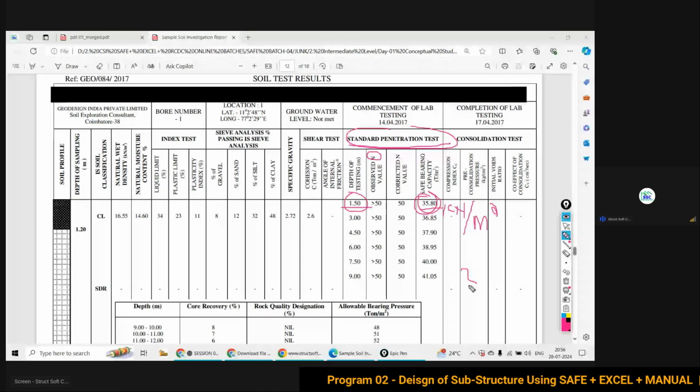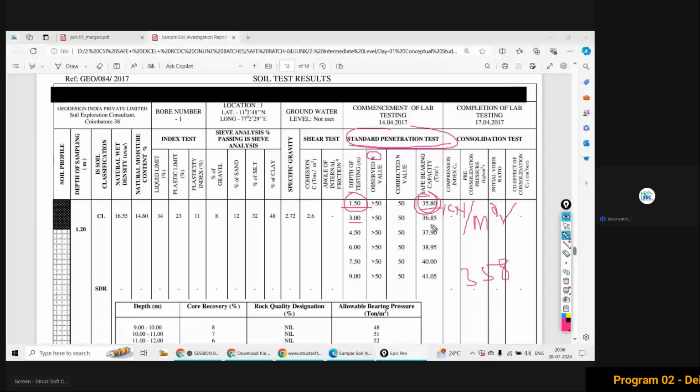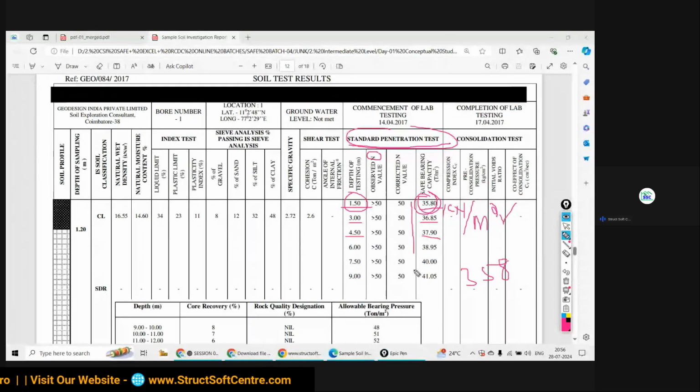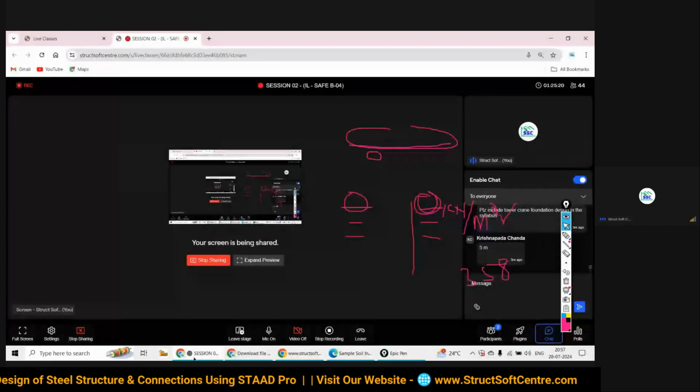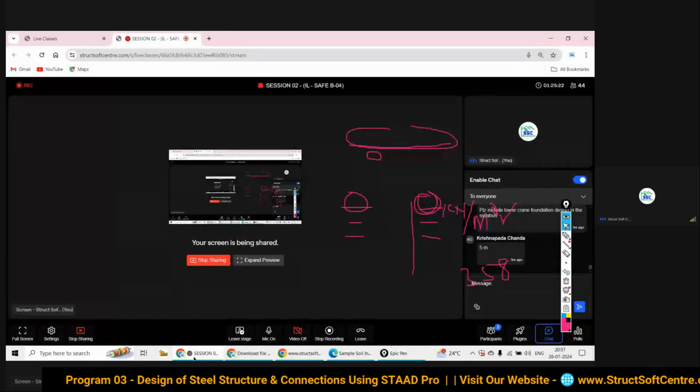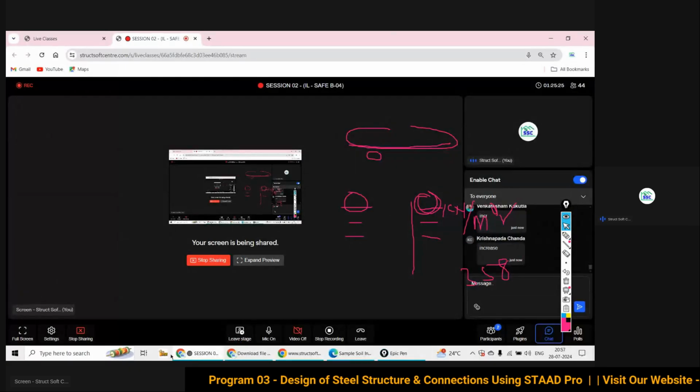I will explain in detail, don't worry. Then at 3 meter depth it is 368. At 4.5 meter depth, 379. So as you can find, as you move from top to down, is the SBC increasing or decreasing? It is increasing.